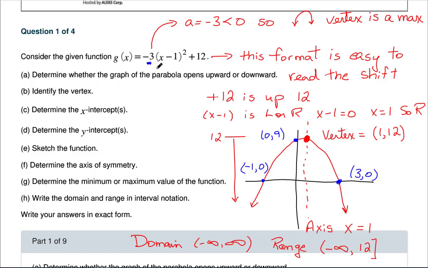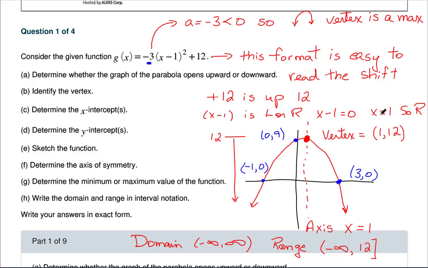This kind is easy to recognize as a shift. This plus 12 on the end is a shift upward. We already saw the minus 3 flipped it over. The x minus 1 part is a left or right shift. And to figure out which way, set it equal to 0.